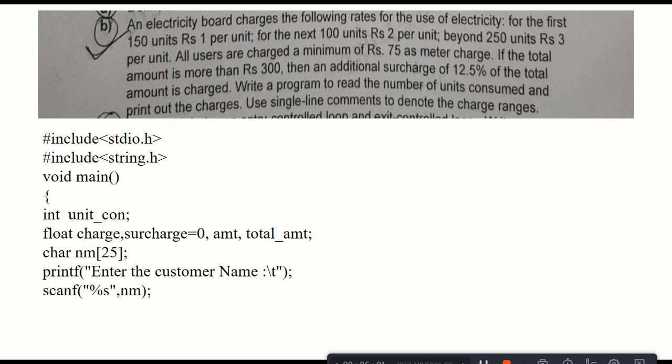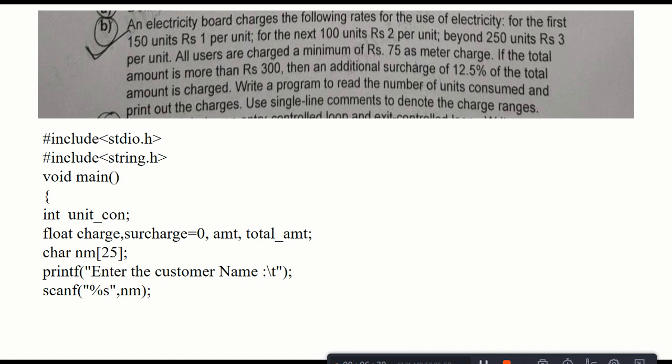But if below 150, the minimum charge is 75 meter charge. Then if it exceeds 300, we have to add 12.5 percent additional surcharge.